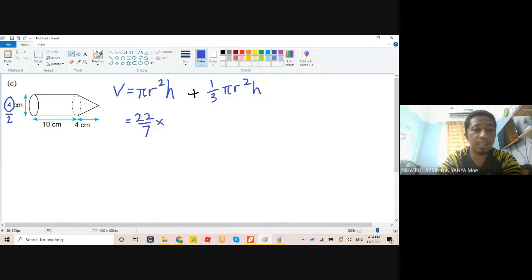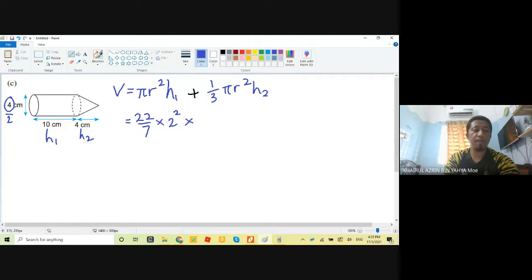So the radius is 2, not 4. So 2 square times H. H for the cylinder and H for the cone are different. Maybe better if you write this one H1 and this one H2 to differentiate.